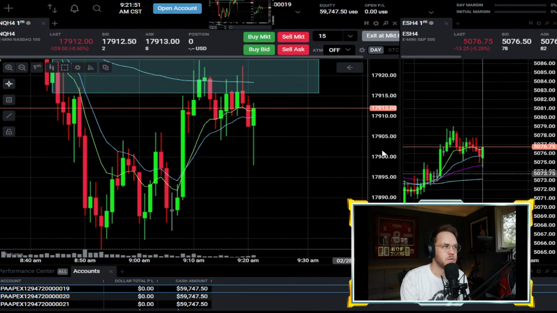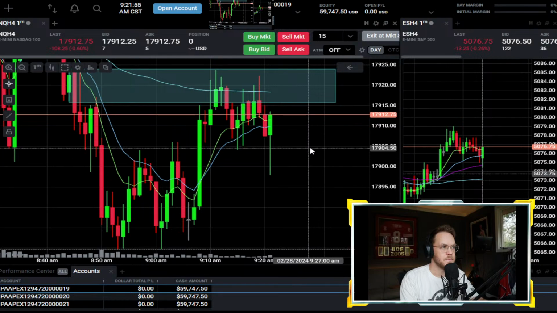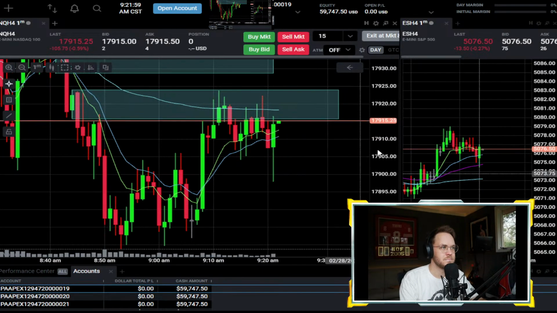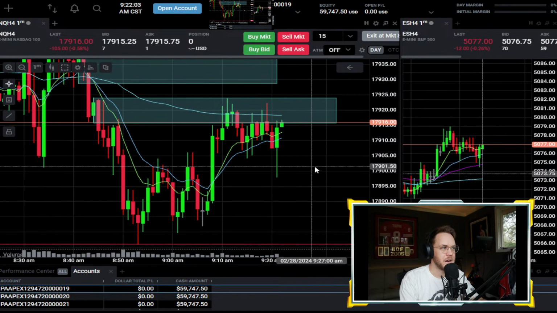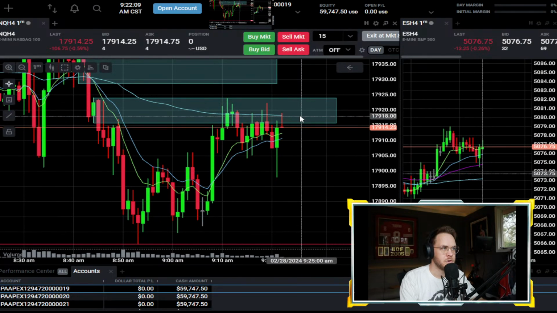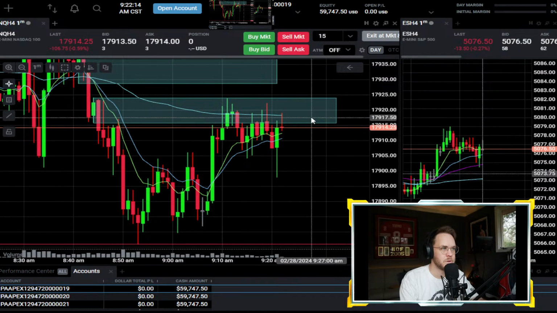All right, and I'm going to stop talking because I'm going to try to find a trade here. Holy cow. That was an aggressive move back up. Yeah, that's a 20 handle move. For context, from here to here, trading 5 contracts would have been $2,000.